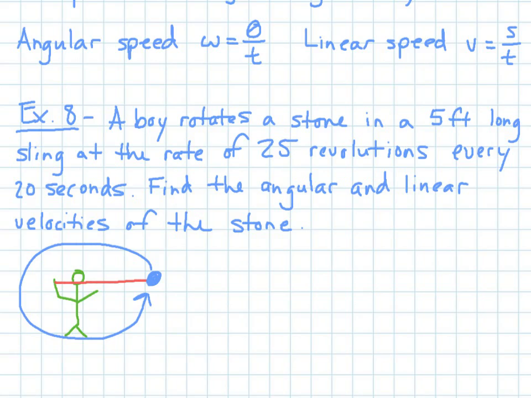Now it says that the radius is 5 feet, and the sling is spinning at a rate of 25 revolutions every 20 seconds. So they're kind of giving you the angular speed a little bit. 25 revolutions, remember, the word revolution means it goes around once.